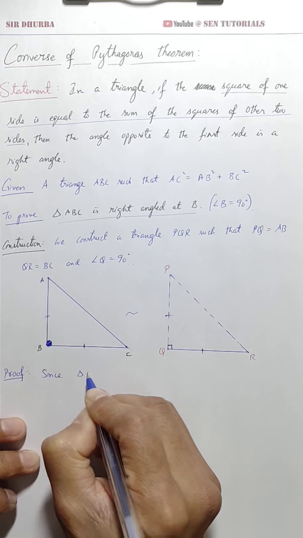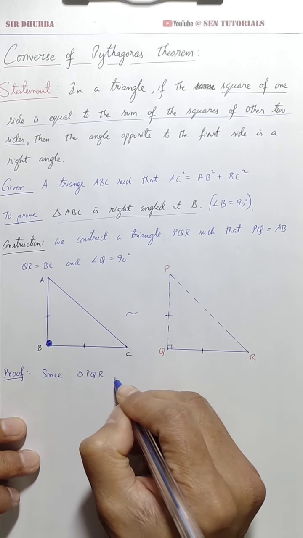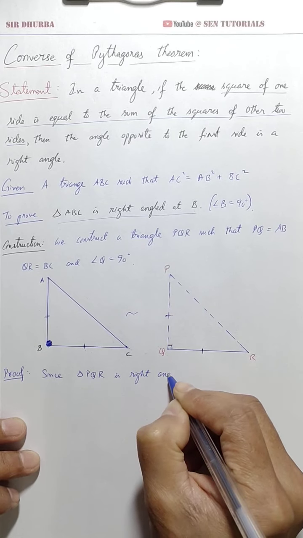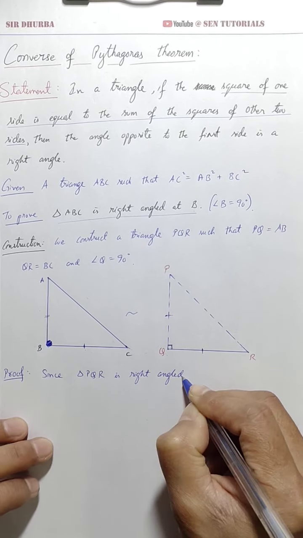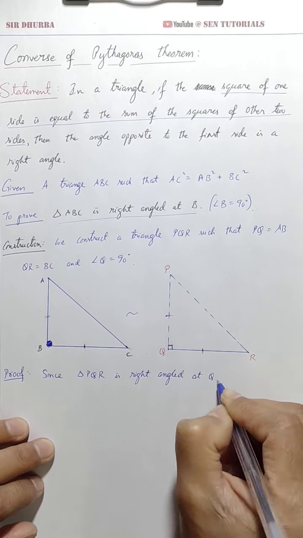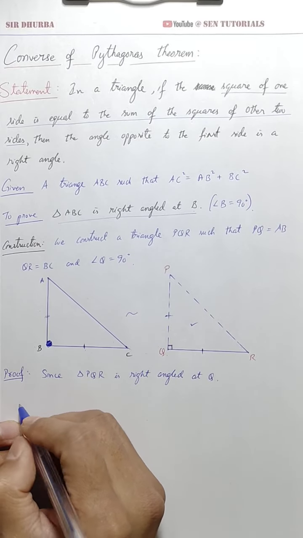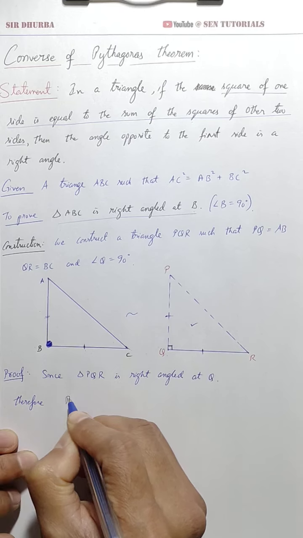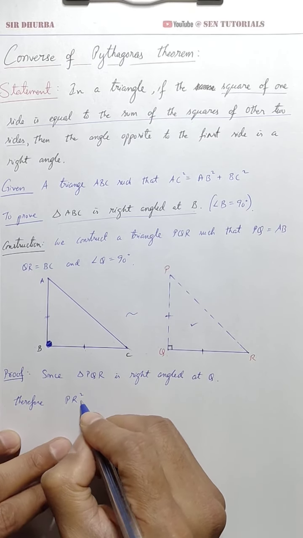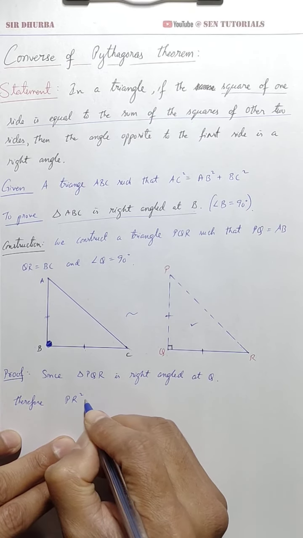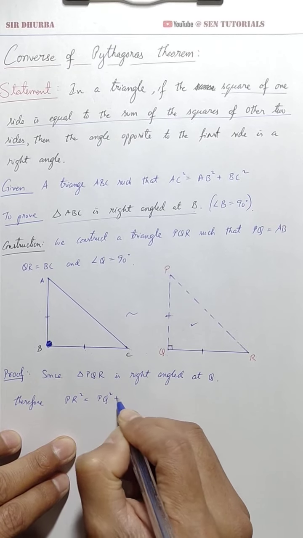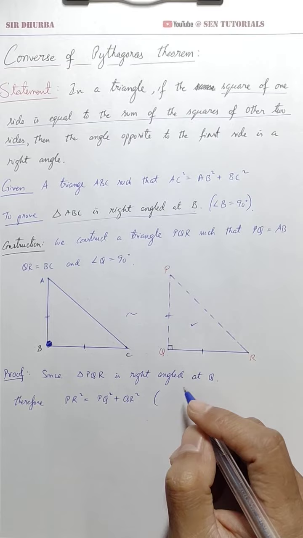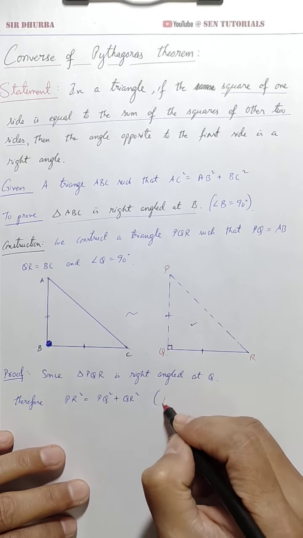Since triangle PQR is right angled at Q, by Pythagoras theorem, PR square will be equal to PQ square plus QR square.